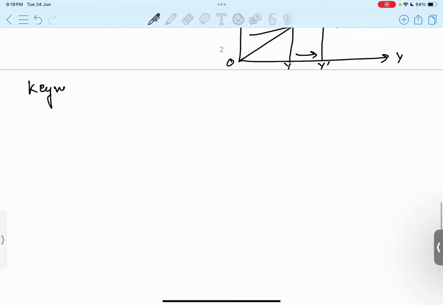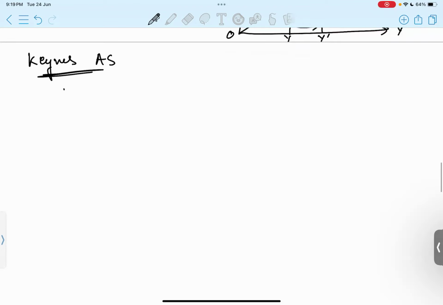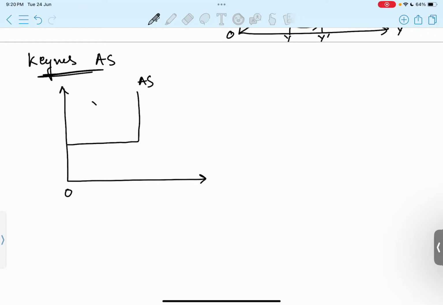Also, we'll take up Keynesian aggregate supply. How the graph is drawn is a little different. So it is, this is the shape, and let's say we are at this initial position of the aggregate demand curve. If this is the intersection, this comes out to be the output level. This is the price level initially.